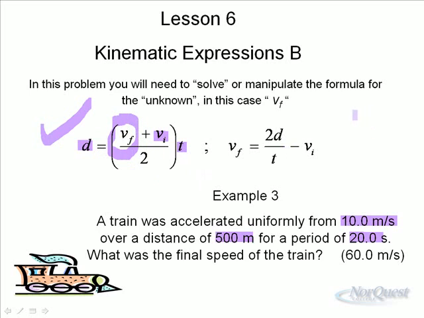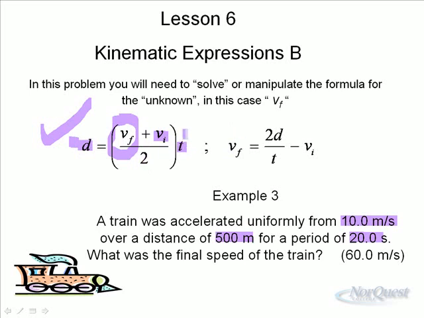That means isolate vf on one side, and everything else goes to the other side. So you can do this by multiplying both sides by 2 and dividing both sides by t. If you multiply by 2, you will move the 2 up by the d.